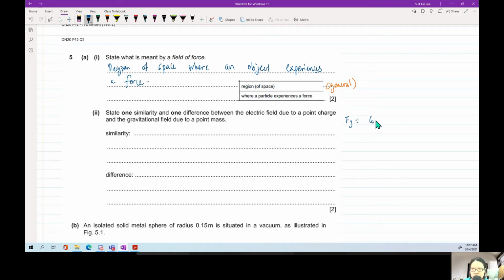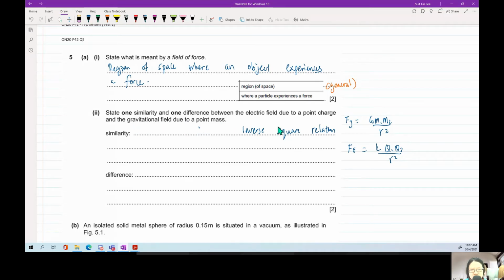Gravitational force is G m1 m2 over r squared, and electric force is k, or 1 over 4 pi epsilon naught, Q1 Q2 over r squared. You see there's the inverse square law. So I would say both are following the inverse square relationship.